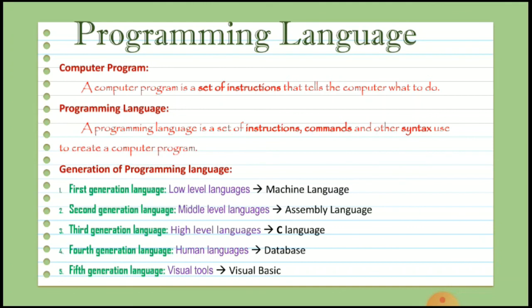So first generation language is written using ones and zeros, that is in binary numbers. The second generation language is written by using few English words. The third generation language is written using words almost similar to English language.